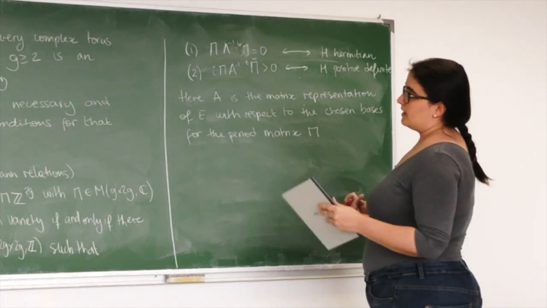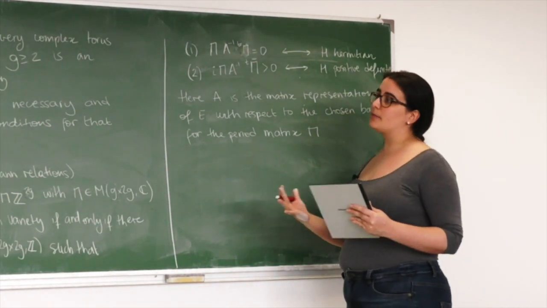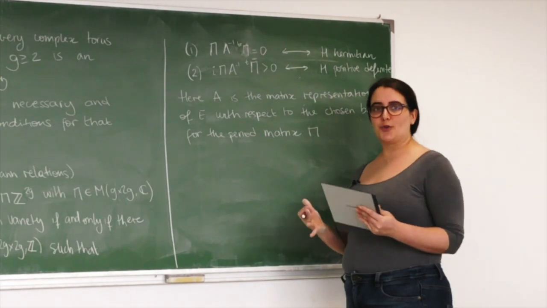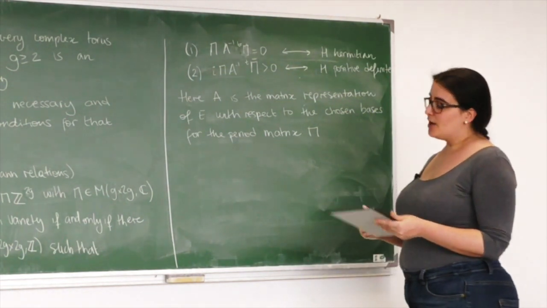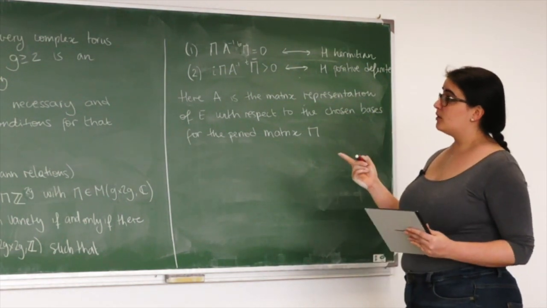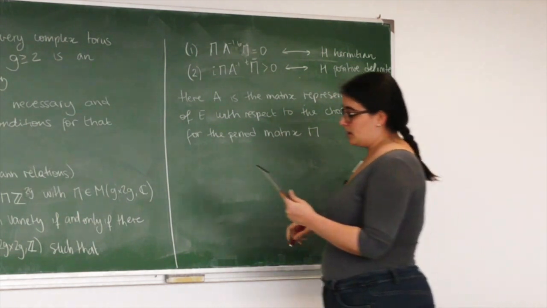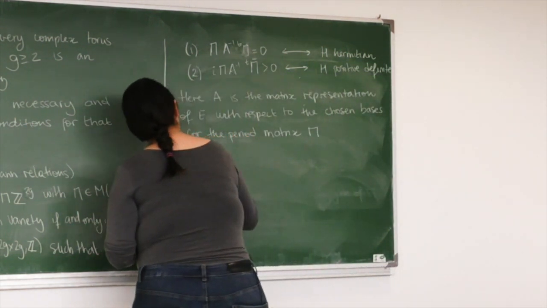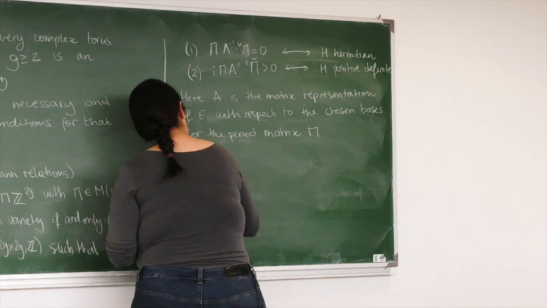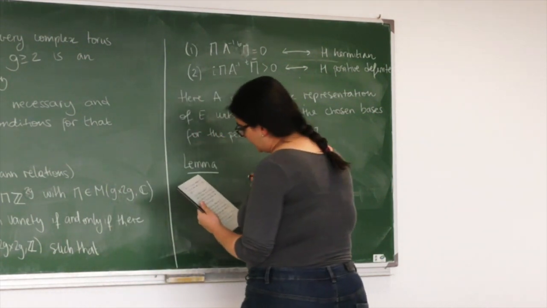And so that we can manipulate a bit these objects that I'm saying all the time are so friendly and so nice, we are going to prove actually one of the Riemann relations. So let me write it as a lemma, and then I'll go to the other board to write the proof.